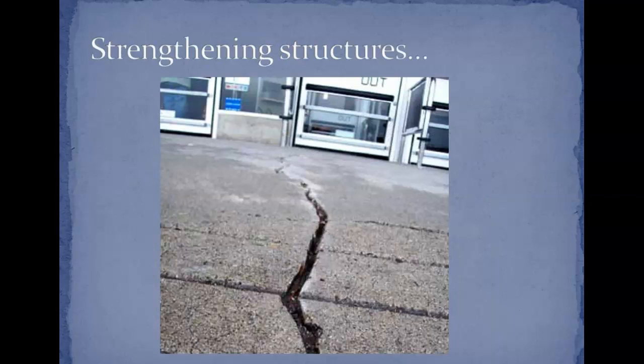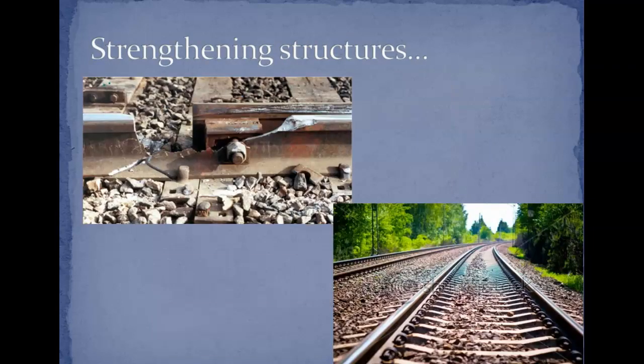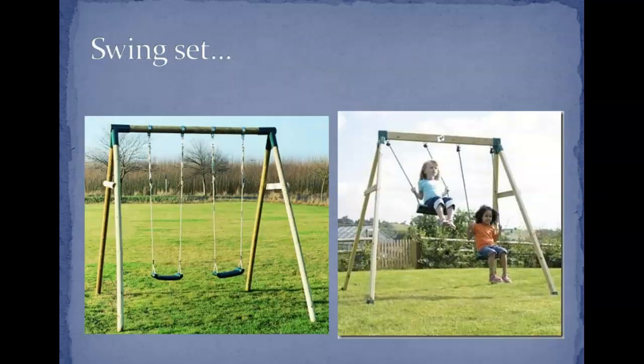We'll want to take some time to strengthen structures as well, because not strengthening structures can cause some major problems. Here in the swing set, we see we've got supporting braces, arches across to support the triangular bases along the bottom.